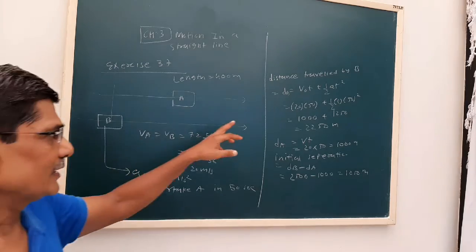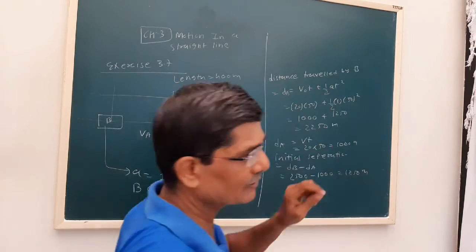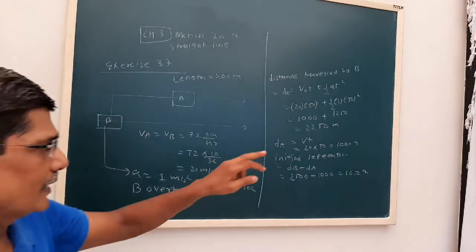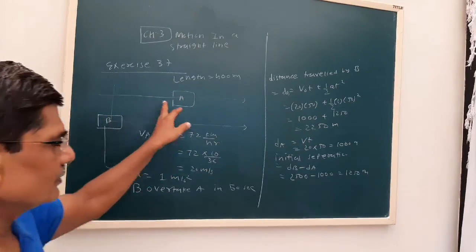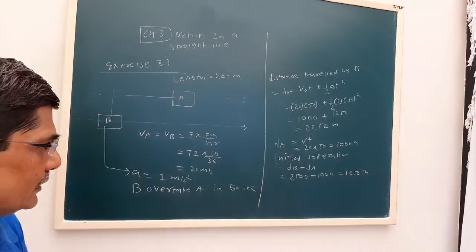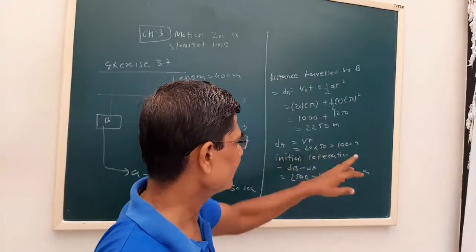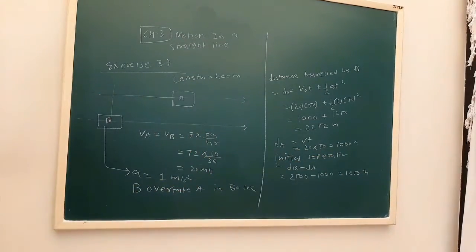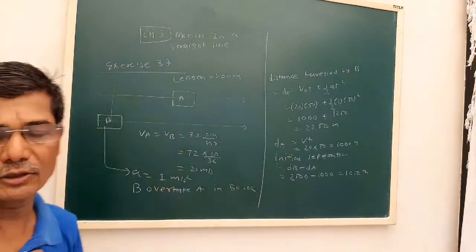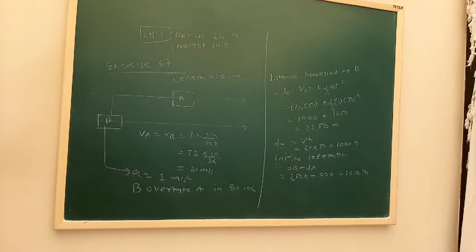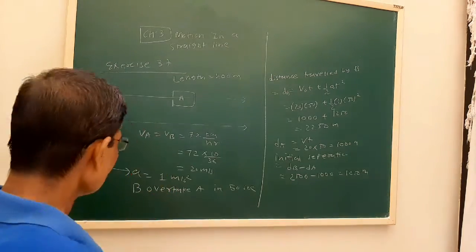Now B has accelerated motion, so we have used V_0 t plus half a t square and calculated 2250, and A still moves with constant velocity, so the distance covered is V into t, that is 1000, and the separation between them will be equal to the difference of the distances covered by B and A. So this is how we can solve this sum.